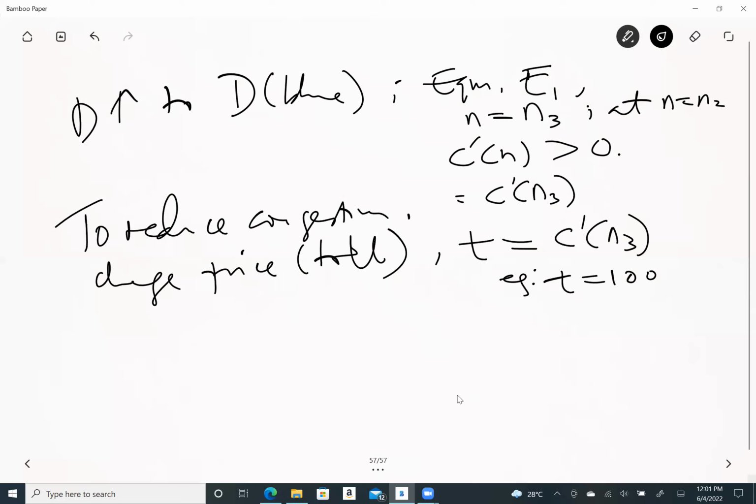So the toll, just like the externality tax, must equal the marginal external cost. So here, the toll or the tax equals the marginal congestion cost. So when you put the tax equal to the marginal congestion cost at N3, where the demand is, what happens to your demand function?